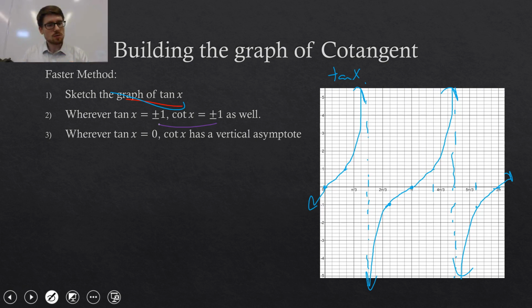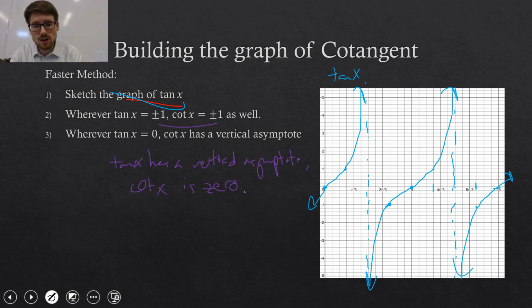And then the opposite will be true. Whenever tan has a vertical asymptote, then cotangent is 0. So we're going to have these zeros for cotangent on the vertical asymptotes of tangent. We'll start with that.